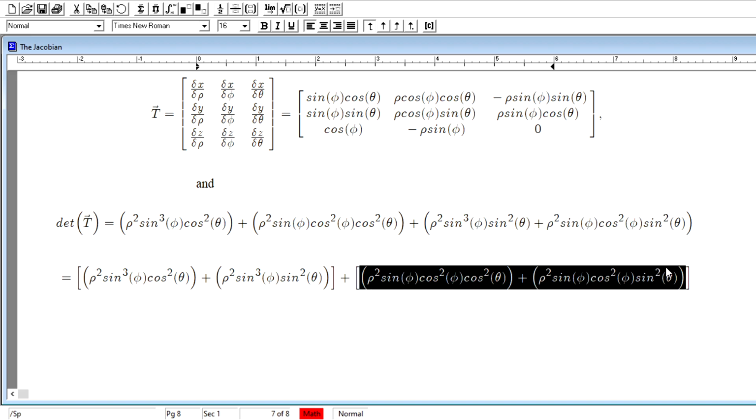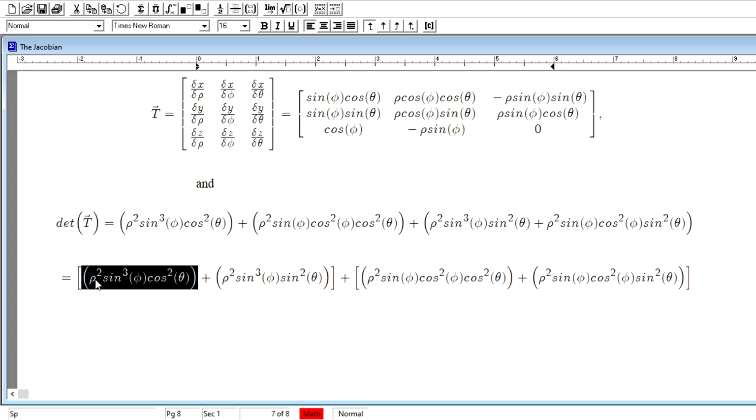That becomes this group. Within each of those groups, you'll notice I can factor out a rho squared sine cubed of phi from each of these terms, and that'll leave behind a cosine squared theta plus sine squared theta, which is equivalent to 1.